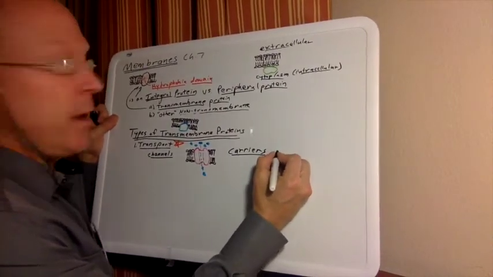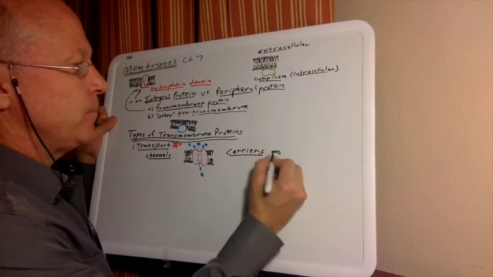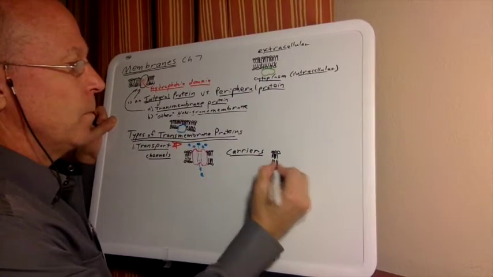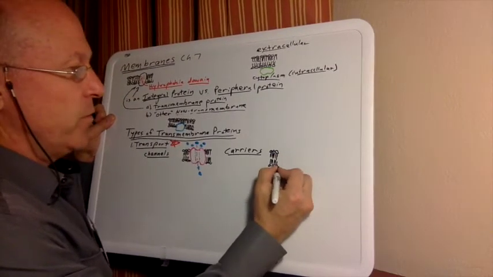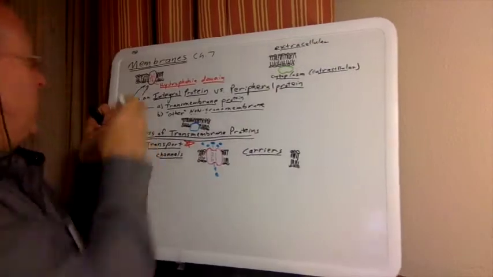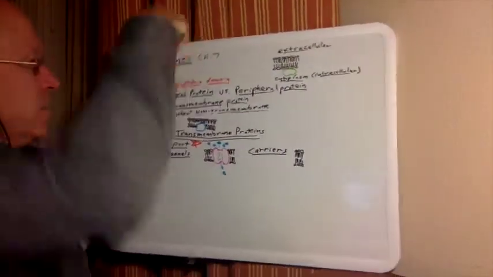So let's draw a carrier right here. A little bit of phospholipid bilayer. And so here's this thing called a carrier protein. Change colors again. Let's make an orange one.